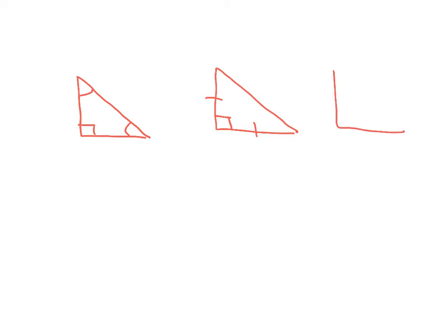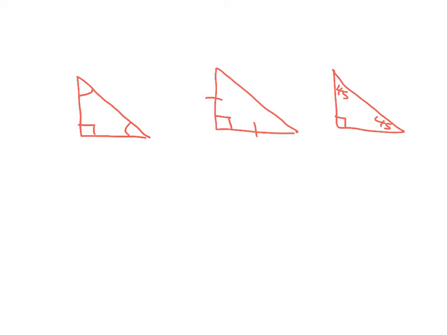So let's say, again, I have some right triangles here. I'll do this one first. Now, sometimes your triangle would be labeled like this. Sometimes the sides might have congruency marks. Or sometimes they might even just give you the angle measures.